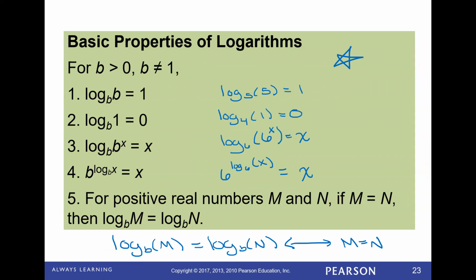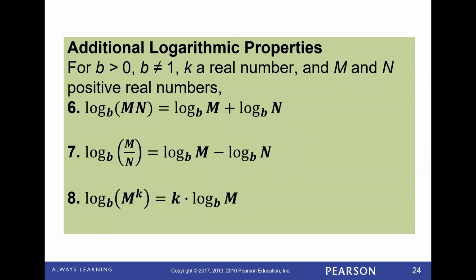Now, I'm not done, so be aware, we are totally not done. So let's add in a couple more. And again, these are the ones that I would strongly encourage even more. These are the 3 that are referred to quite a bit. Okay, these actually have given names. So when we refer to the product rule of logs, number 6 is what we call the product rule of logs.